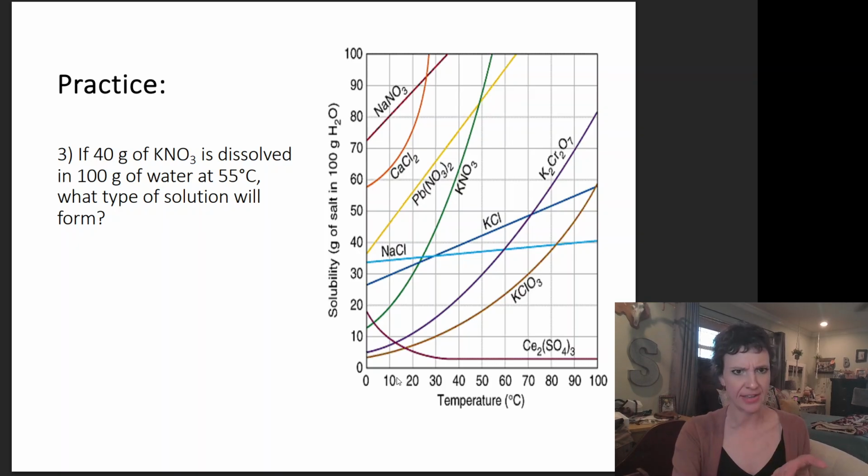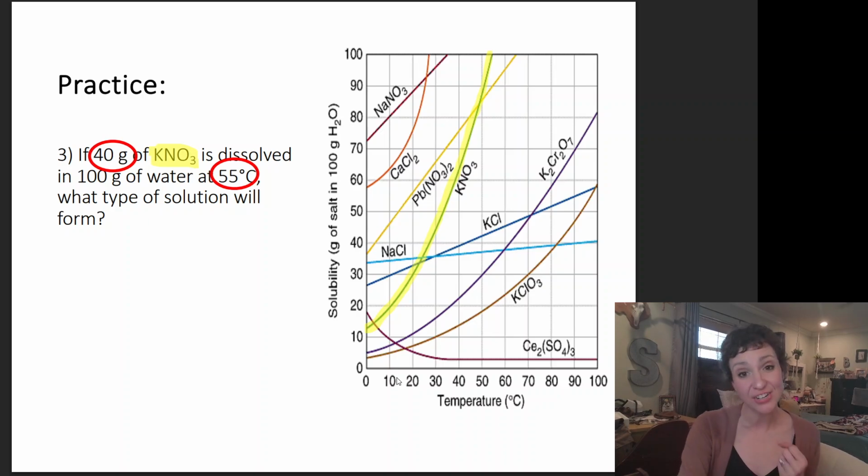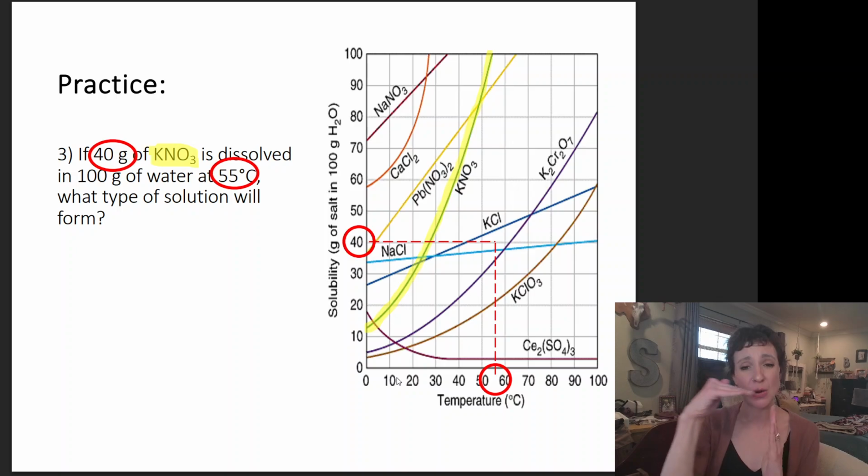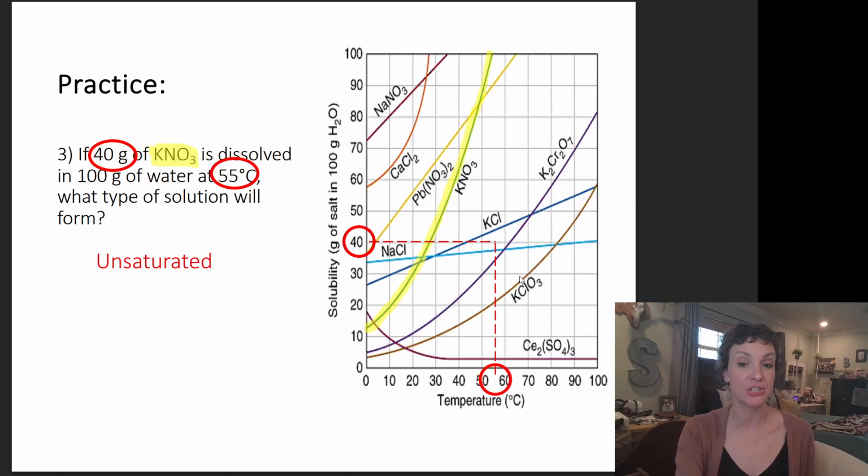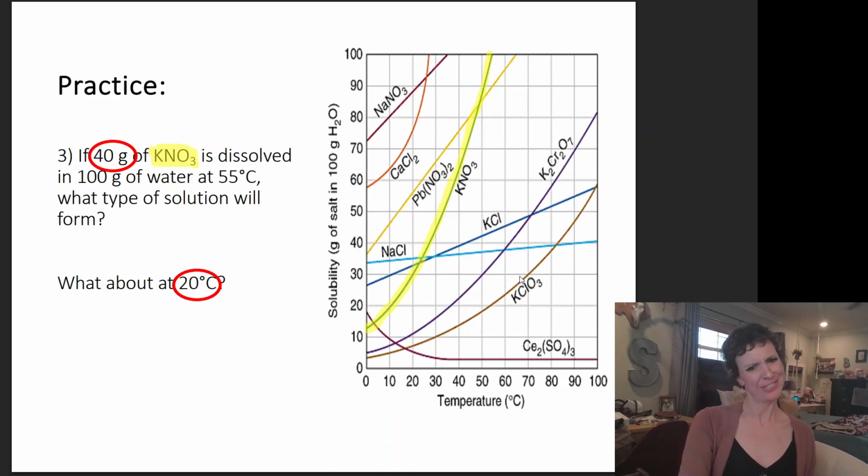Well, which curve am I looking at here? Potassium nitrate, let's see, there it is. If I extrapolate out 40 grams and 55 degrees Celsius, where those two points come together, is that above, on, or below the line? It is below the line. So the type of solution indicated by below the line is an unsaturated solution. Very cool. All right, what about at 20 degrees Celsius?